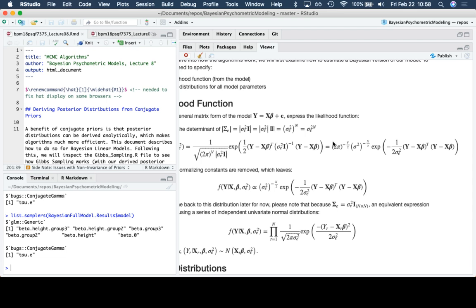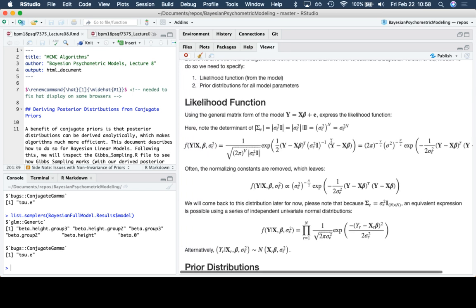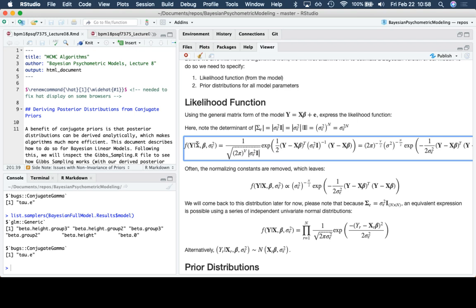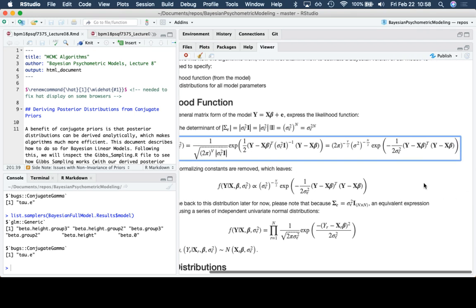Now this part of the likelihood function, remember the likelihood function is the likelihood of the data given x and our parameters. X is observed in this case, so it's not actually random for us. So you only see x in its contribution to the likelihood. You don't see a distribution for x. So there are terms here that we can drop that don't involve beta or sigma squared.